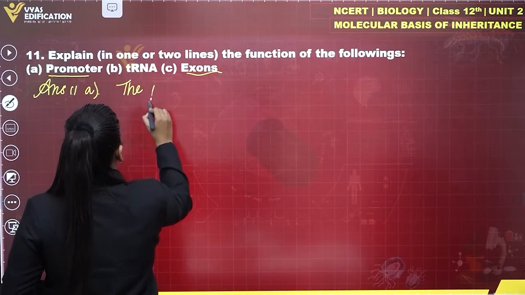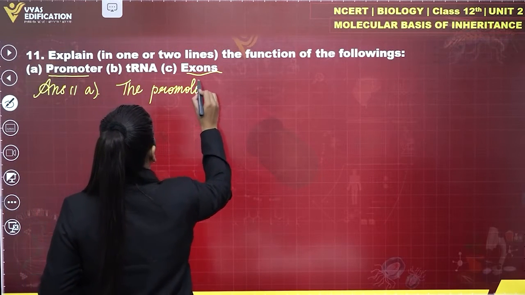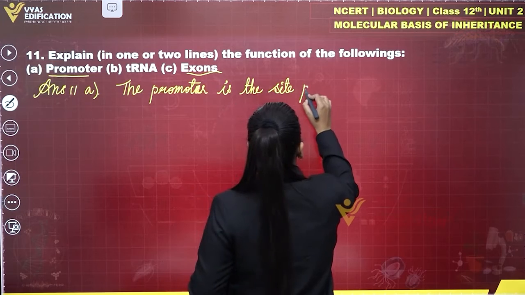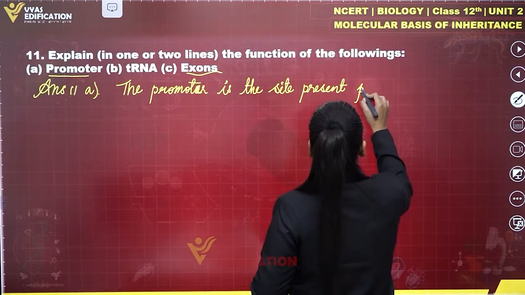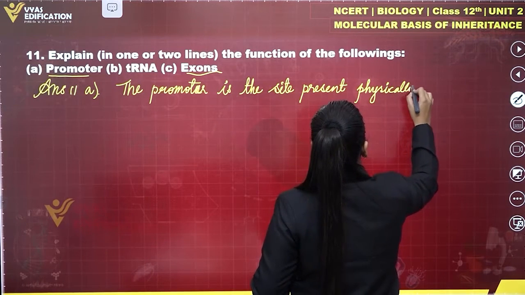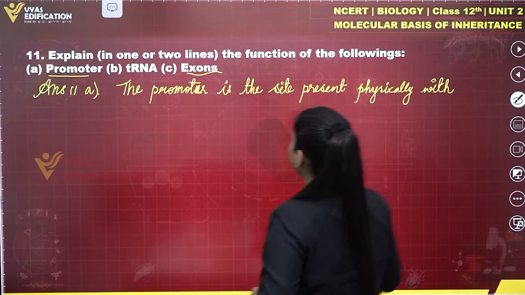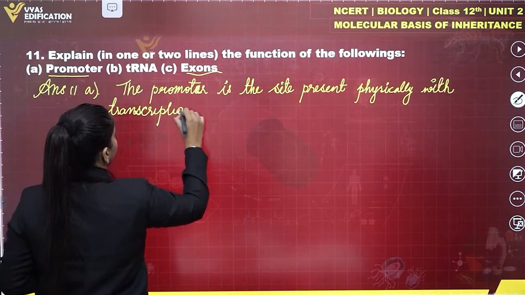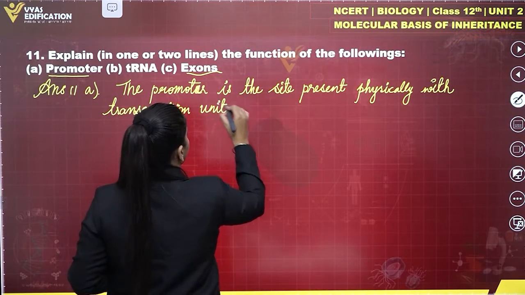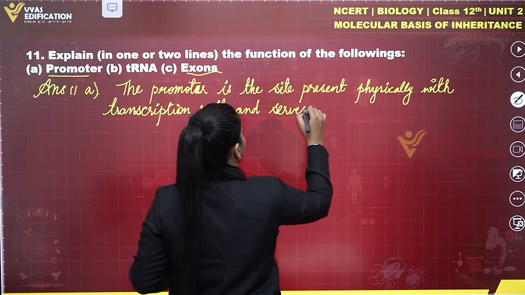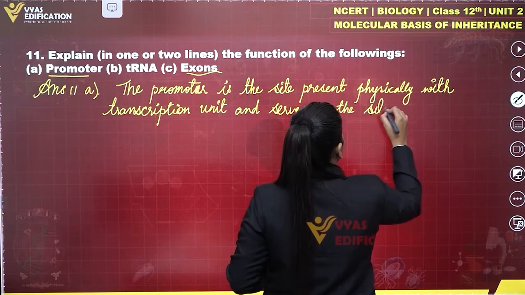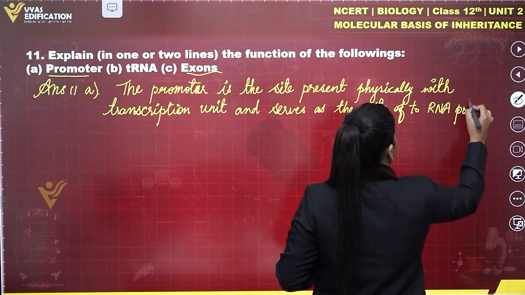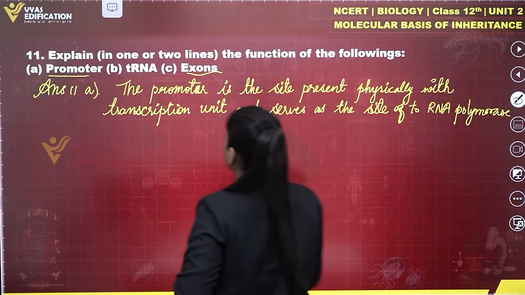The promoter is the site present physically continuous with the transcription unit, and serves as the site for RNA polymerase enzyme.